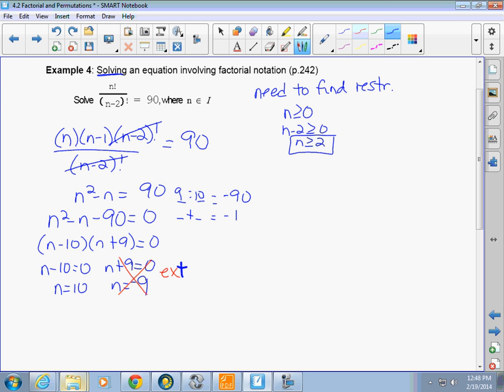It's an x. Extraneous root. So that means my solution for this is n is equal to 10. And it's always a good idea to put a box around your final solutions or your final restrictions. And you can check that n is equal to 10 fits into my restriction because 10 is greater than 2.